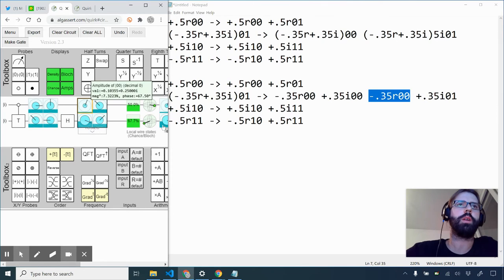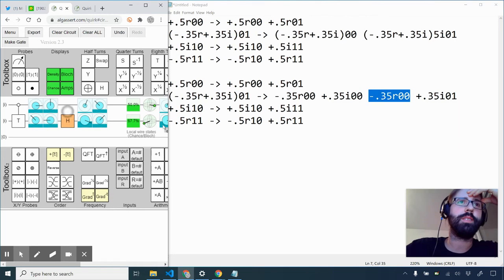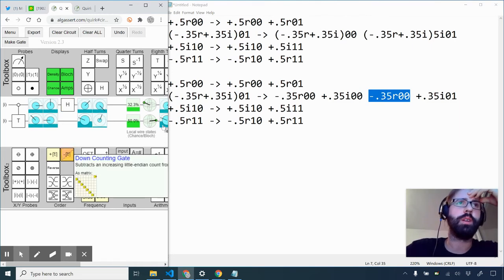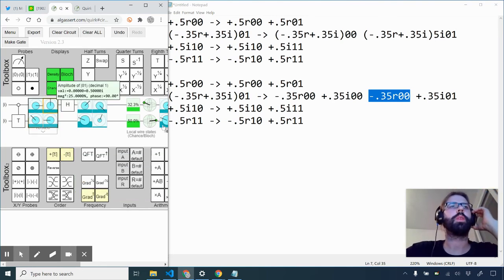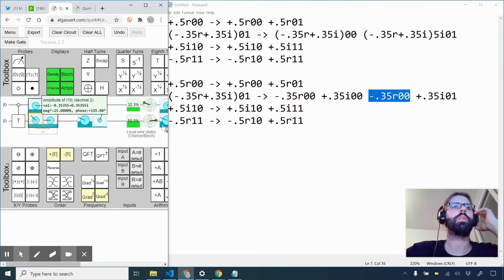He's sucking from 0, 0. So I could say that it's when elements have mixed real and complex that we see interference.